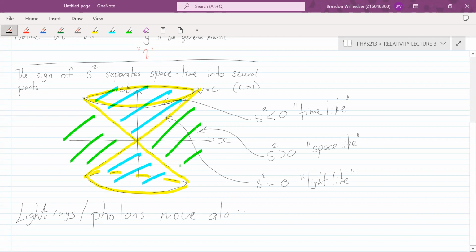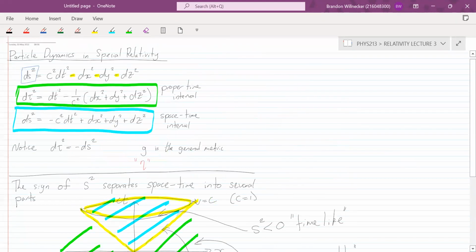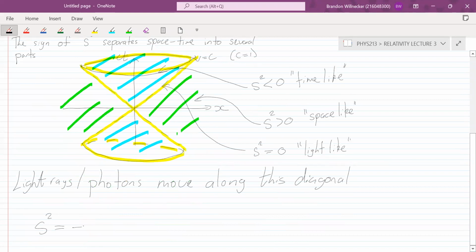Okay, so we can see that by looking at this metric where s squared is equal to 0 to see what actually happens there. So s squared is equal to, we can look here, it's minus c squared t squared plus x squared plus y squared plus z squared.